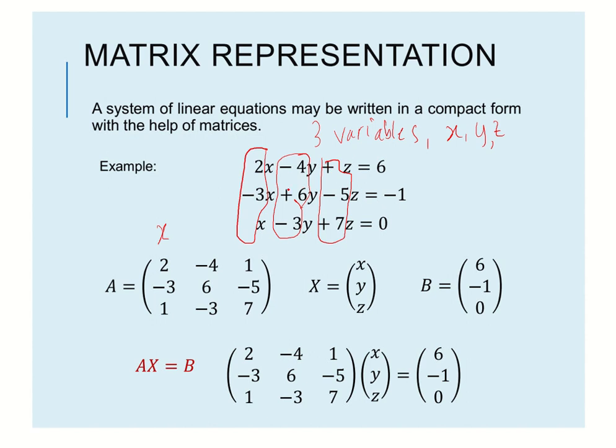All right, so the coefficients of the variables can form a matrix, right? So we let this be matrix A. And the variables themselves, we can form another matrix, the matrix of variables, which is x, y, z.